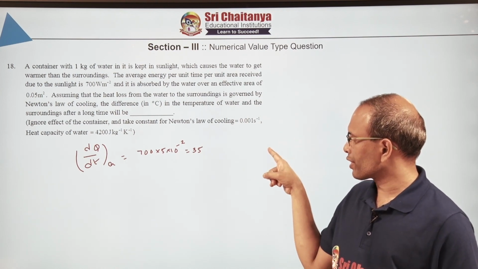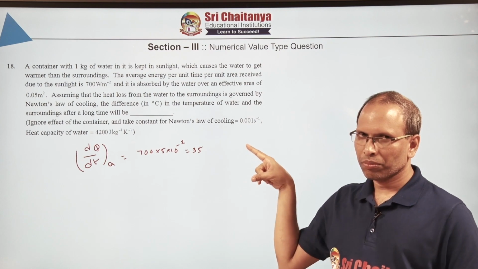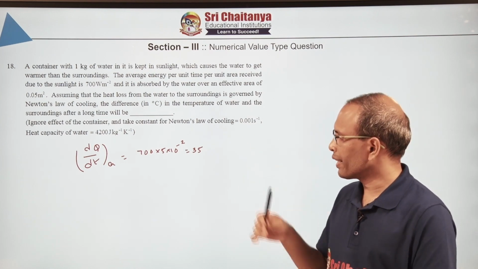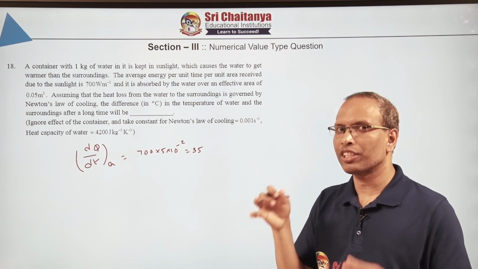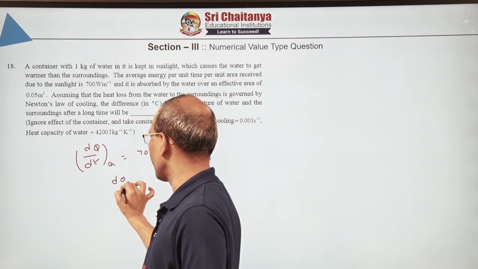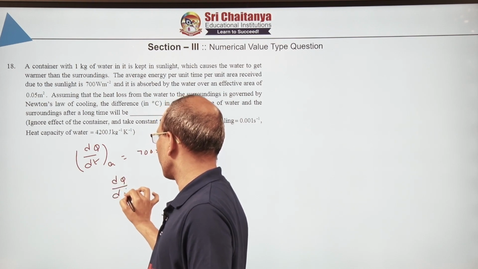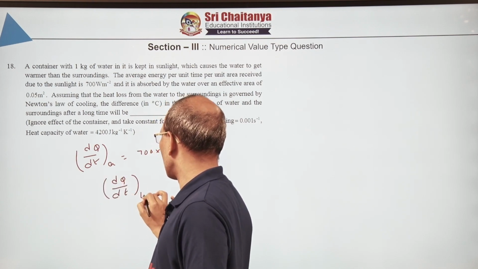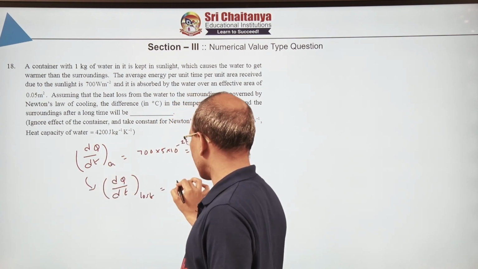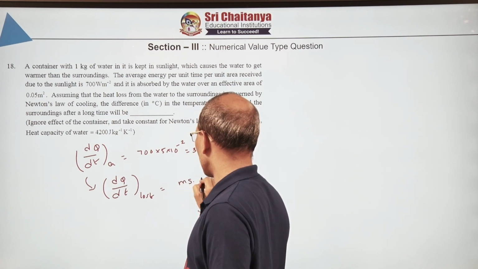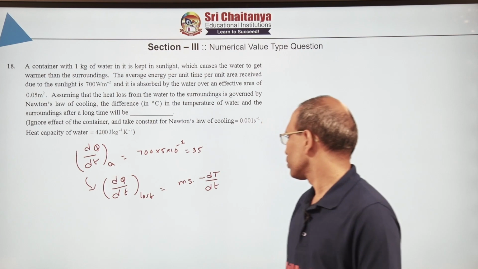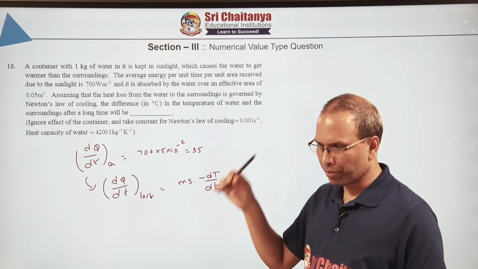When steady state is achieved, it is going to lose heat at the same rate to the surroundings. So the rate at which it is absorbing is the same as the rate at which it is losing to the surroundings. So what is the heat loss to the surroundings? It will be the same as absorbed, which is ms into minus dT by dt, related to the difference of temperatures to the surroundings.